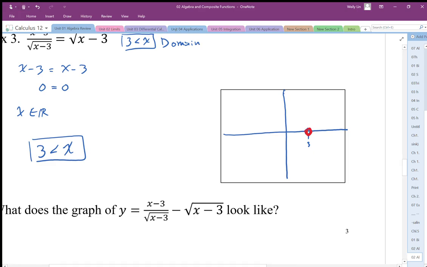So x equals 3 is not quite the solution, that's where my solution starts. And it's going to be all these numbers along the x-axis. And there's going to be nothing on this side. So this is what my graph actually looks like. This is not defined for any x's on this side, but all x's on this side are part of the solution. So the graph is going to look like that.